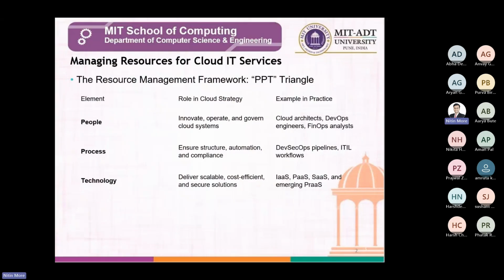So why is resource management going to matter the most in cloud computing? Because if you see, many companies migrate to the cloud, but cost increases, security issues arise, performance may be affected, right? So why? Because they only adopt technology, but ignore other important resources like skilled people and efficient processes, right?